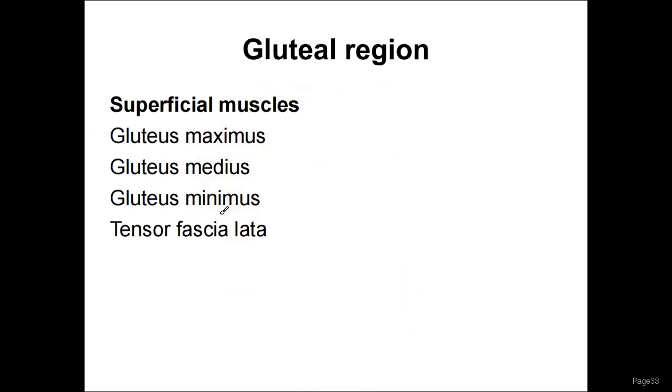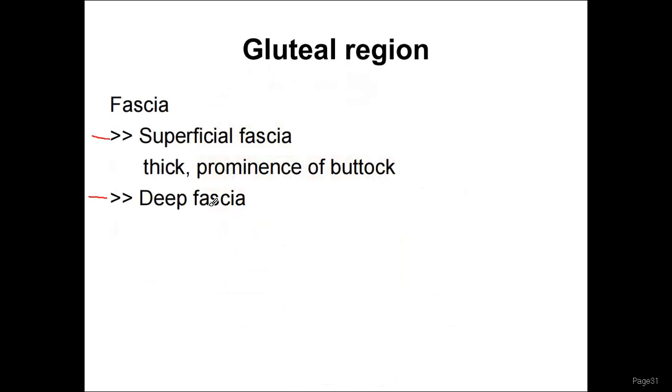This deep fascia, the fascia lata, after enclosing the gluteus maximus, will also form a sheath around the muscle that we call the tensor fascia lata. Are we together?